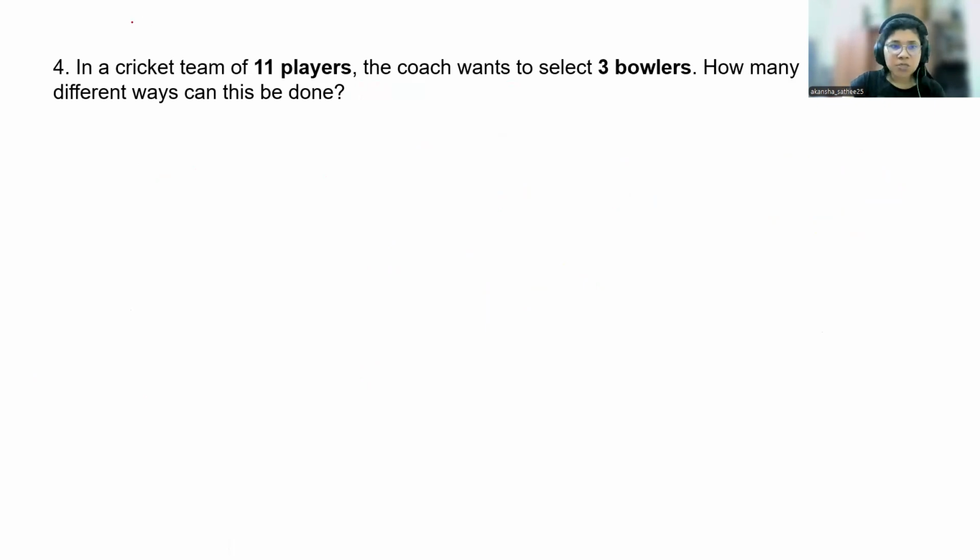So again, same solution. In a team of 11 players, any 3 players you can pick because there is no other condition. They are not saying that out of 11 players, you have 5 bowlers and 6 batsmen. Such kind of conditions is not given.